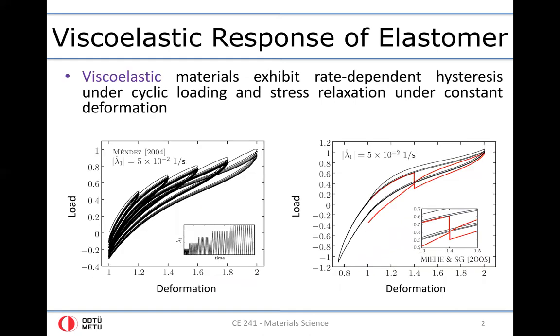Besides the hysteresis that is also depicted here on the diagram observed for another kind of polymer, we also observe stress relaxation. On the diagram to the right, you see a force versus deformation curve, and in this case we have four cycles of deformation.